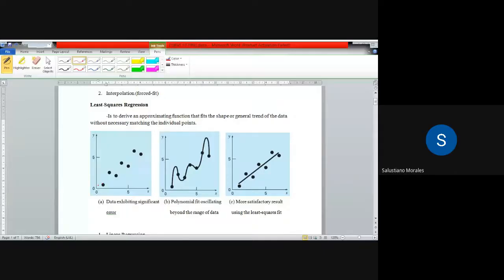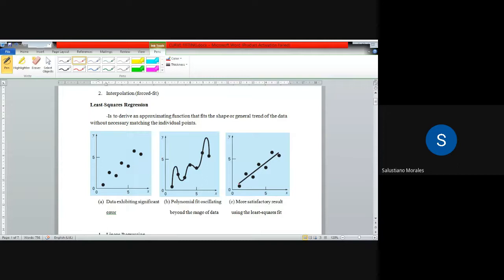But if you use the least squares regression, then we're going to consider a straight line to represent these given data points, because if you look at the given data points, they follow a straight line.